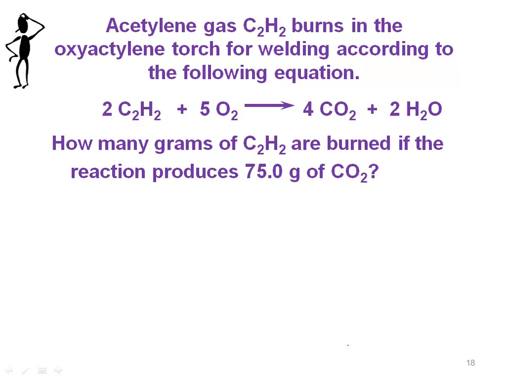What I would like you to do is set this up without numbers, as quickly as possible. Set it up with units and no numbers. See if you can set it up within 30 seconds or 1 minute, except of course the 75.